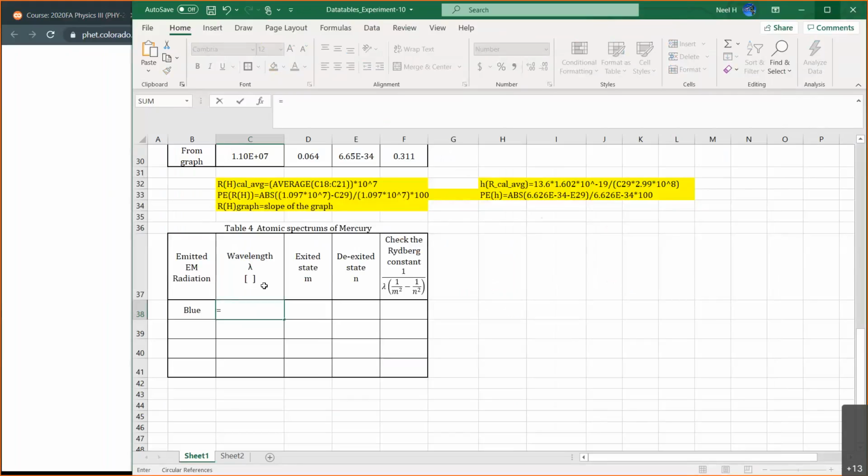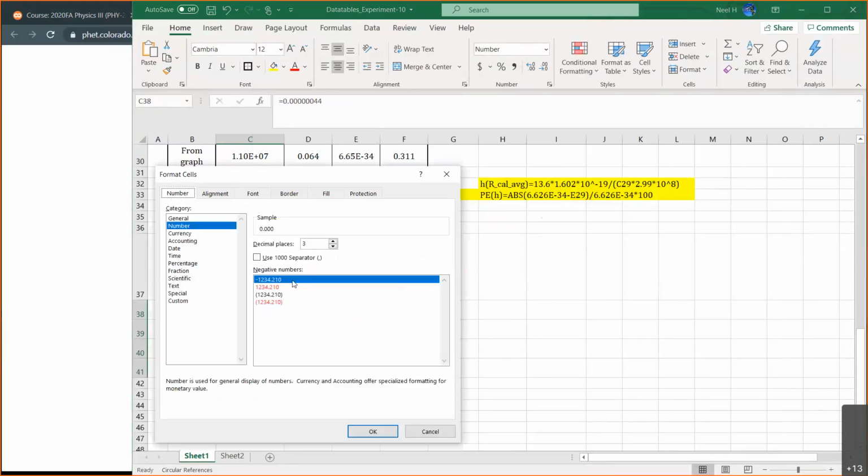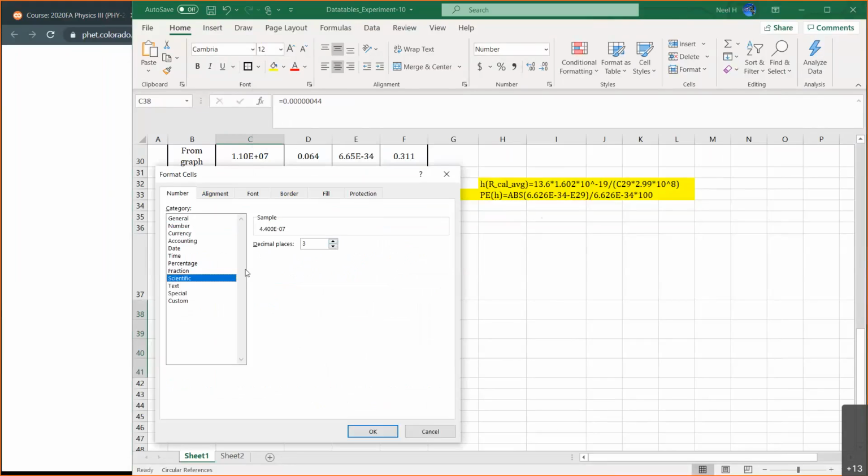You can write it in scientific notation, 440 and 10 to the power of negative 9, I can write E minus 9, nano. Then it will show you zeros because I have to format this whole area. Right click, format cells, scientific notation, 3 significant figures, okay? 1 number, 2 decimal places.